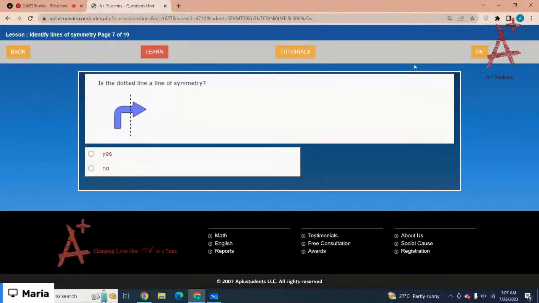The correct option is no. Is the dotted line a line of symmetry? Yes, it is a line of symmetry. The correct option is yes.